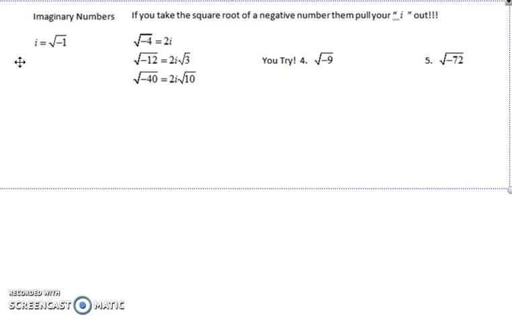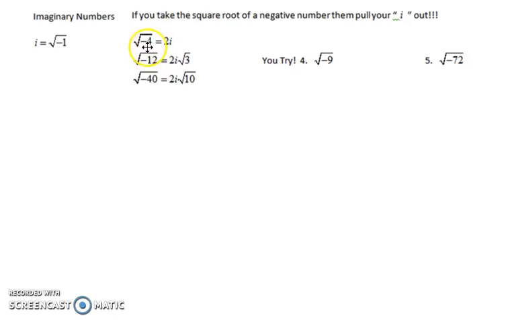Now let's take a look at what happens if we have a negative square root. And the only thing that you're going to do differently is pull your i out. Okay, so if you notice, the square root of negative 4 is simply 2i. Again, because of the negative under the radical, you just pull an i out.